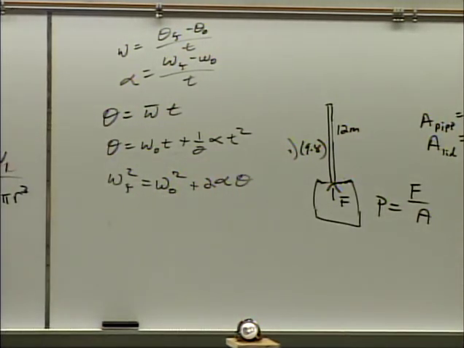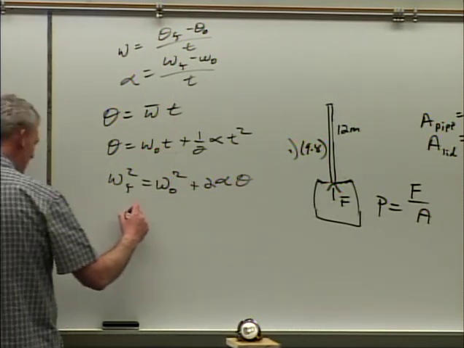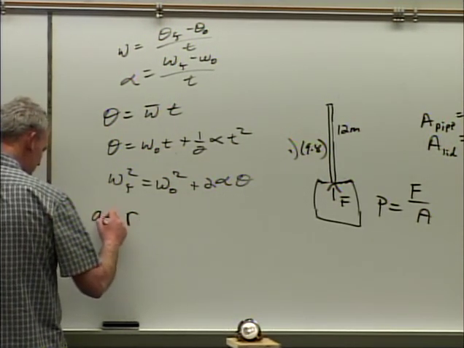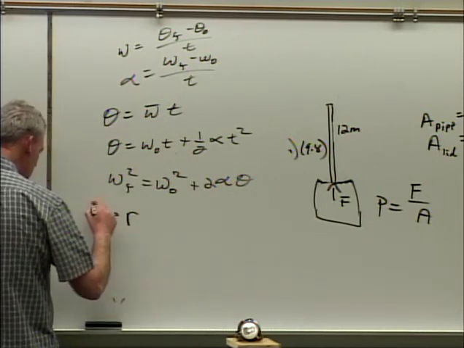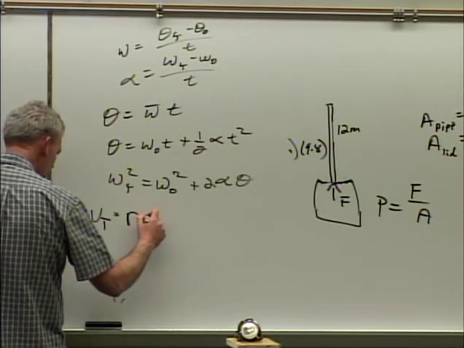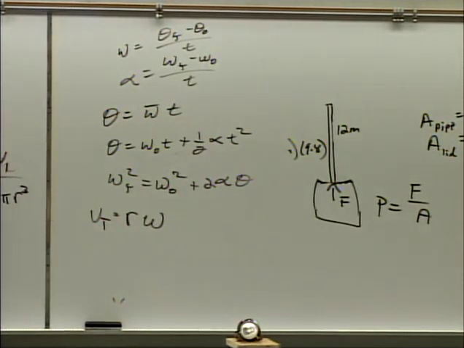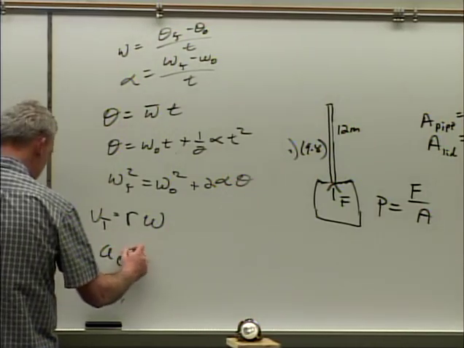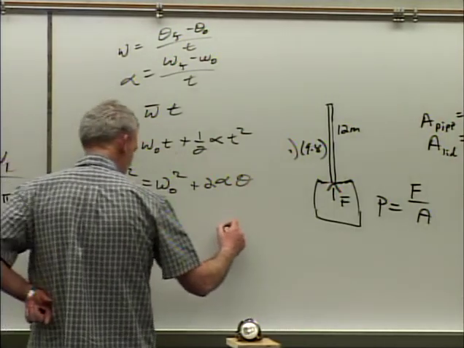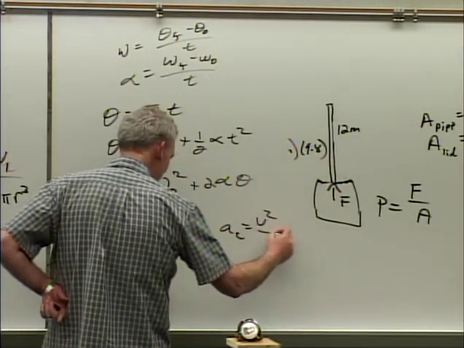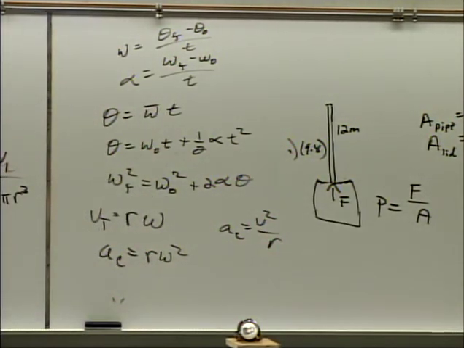Know what they mean and how to apply them. And also keep in mind that R omega, AC equals R omega squared, AC equals V squared over R. Know what they mean, and know how to use them if you're given a problem that asks for a bunch of them.